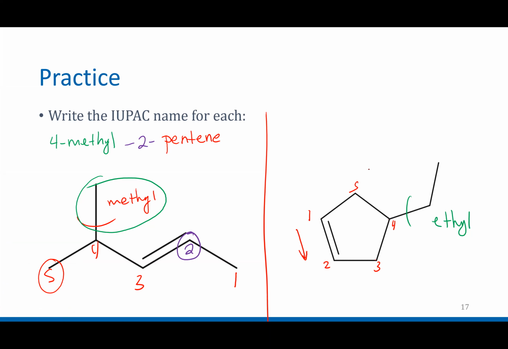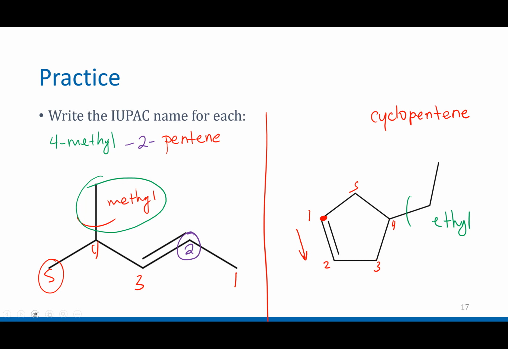It's going to be cyclopentene. Oops. See that? I just almost wrote cyclopentane. I don't need a number here because since it's a ring, we're always going to start counting on the double bond. You could put a 1 here, but you don't need to.